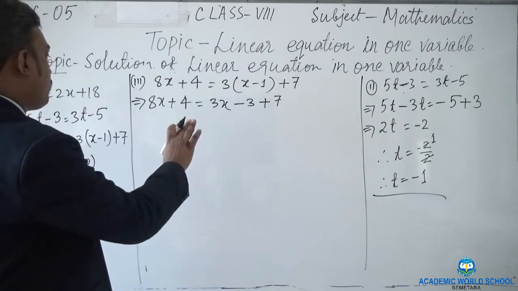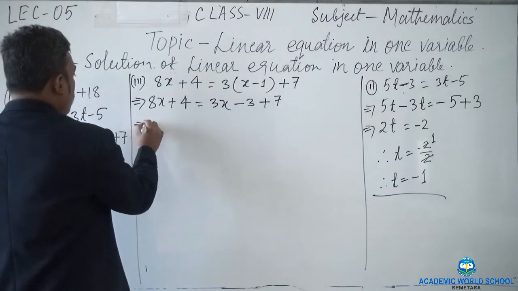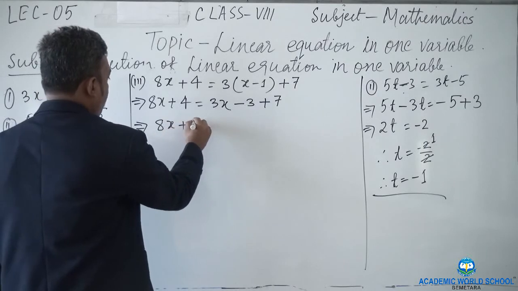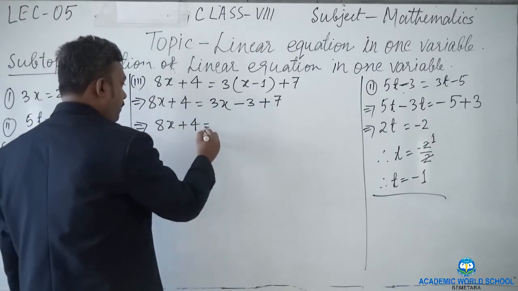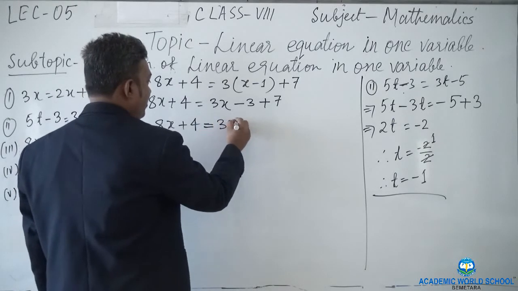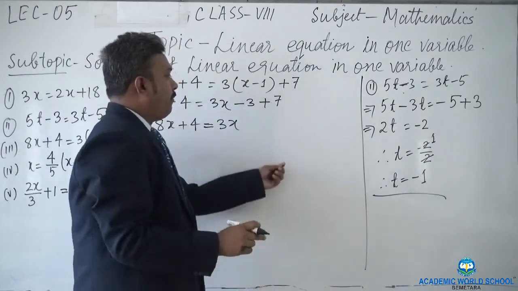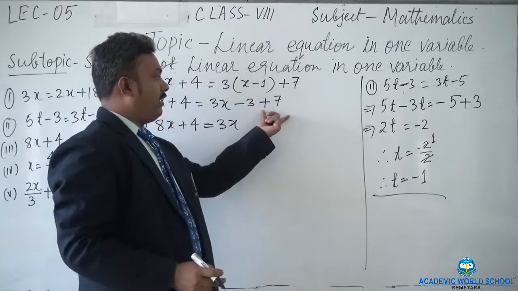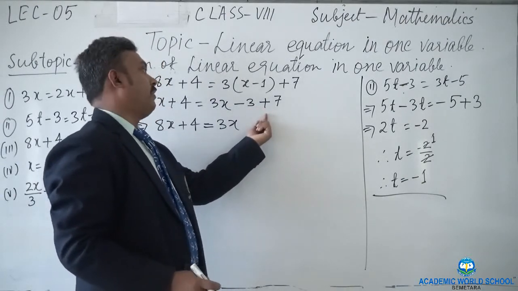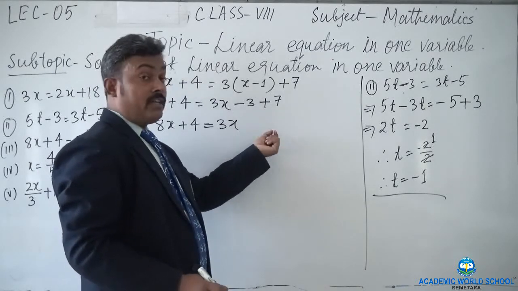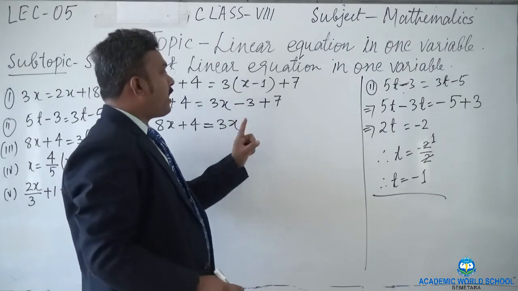Okay, now the bracket is gone. So what do we do? This subtraction we will perform. Why am I saying subtraction? You will be wondering, in the middle between the 3 and 7 the sign is plus, but we are subtracting. Why are we subtracting?